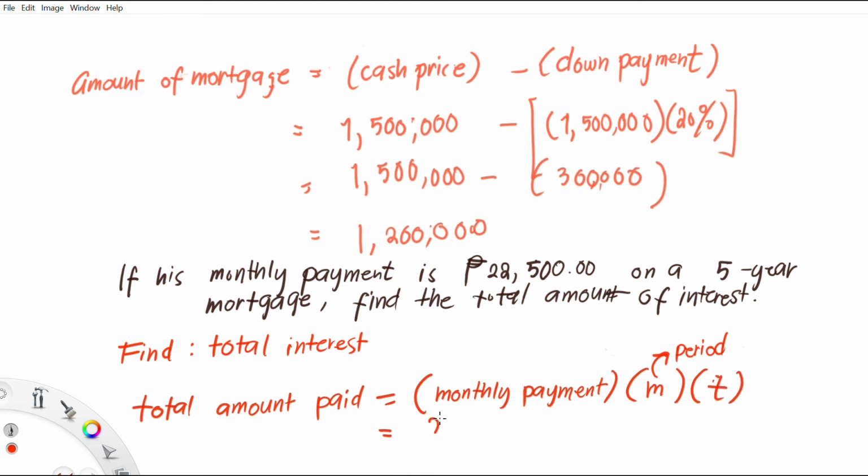So we have 22,500 times 12, since he'll be paying monthly, for 5 years. So we have 1,350,000.